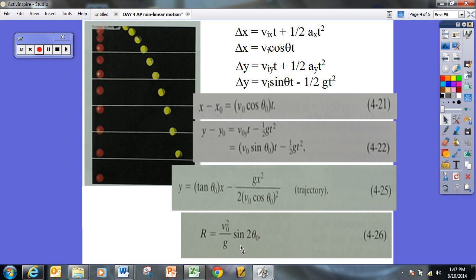Instead, just as for this equation, we solved for t here and substituted in, to get something that's workable as this equation, you would take this equation and solve for t and substitute that into here to get the horizontal displacement, or what was called the range.